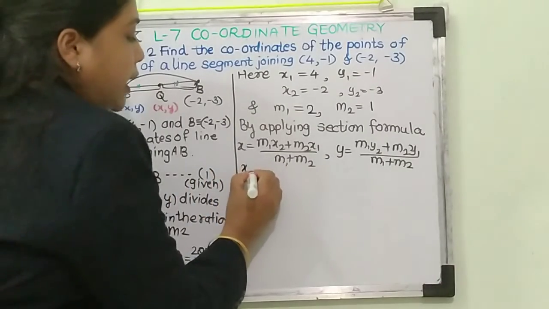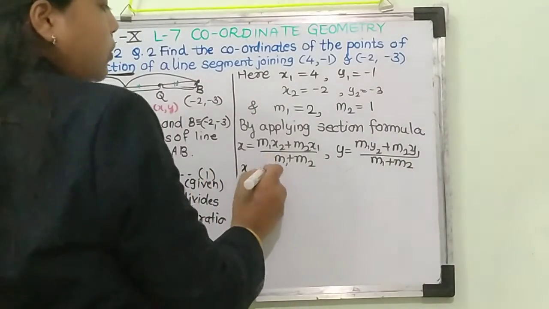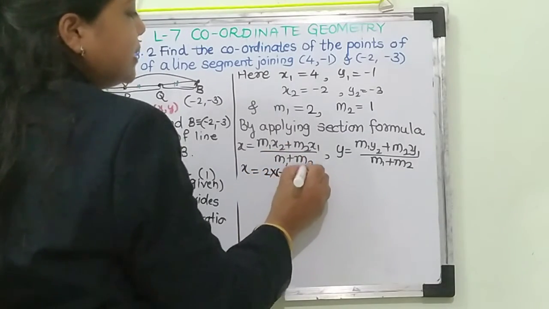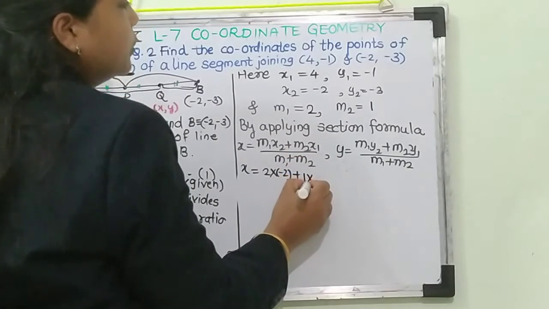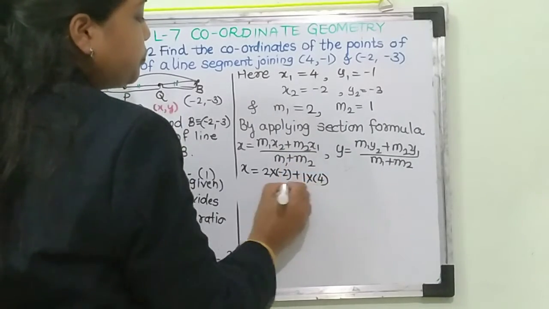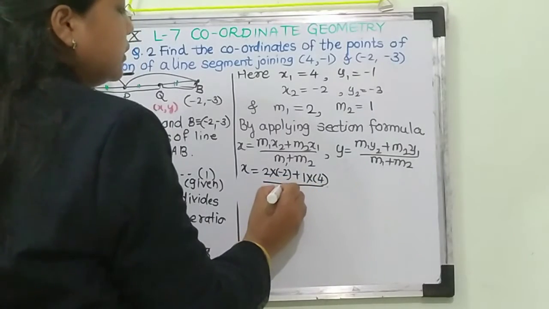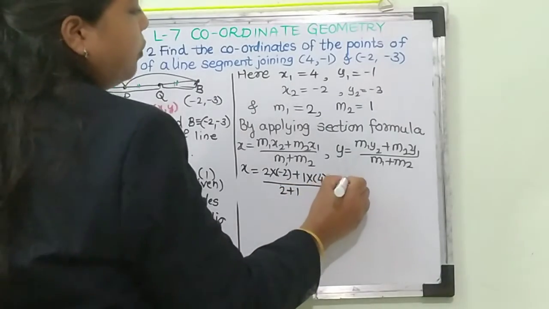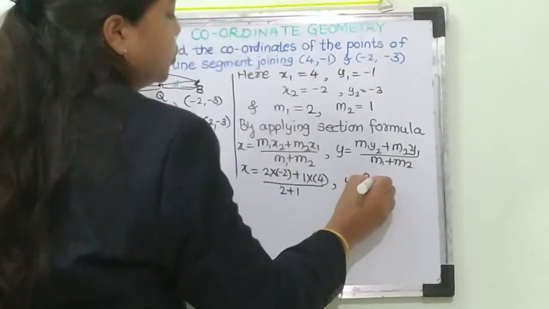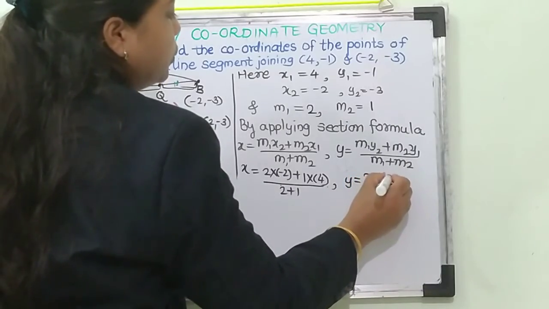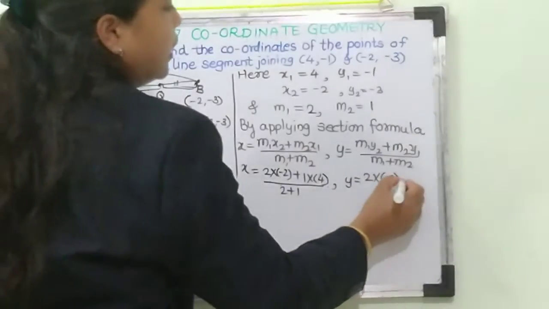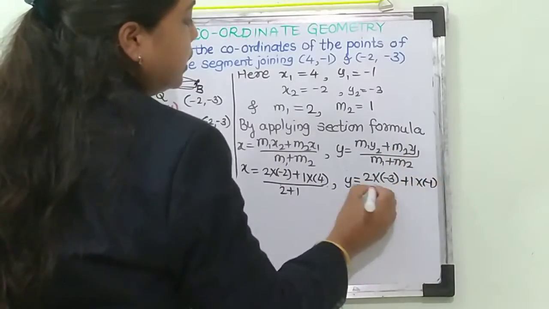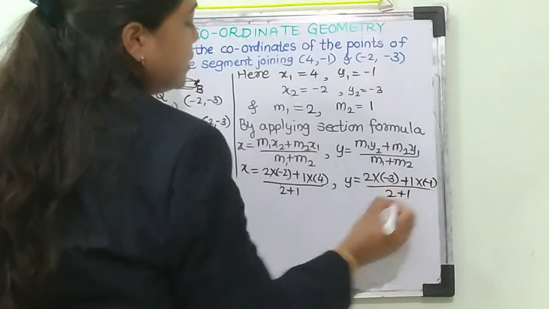So here we get x equals to m1 value, that is 2 into x2, minus 2, plus m2, 1 into x1, 4, upon m1 plus m2, 2 plus 1, and y equals to m1, that is 2 into y2, minus 3, plus m2, that is 1 into y1, minus 1, upon 2 plus 1.